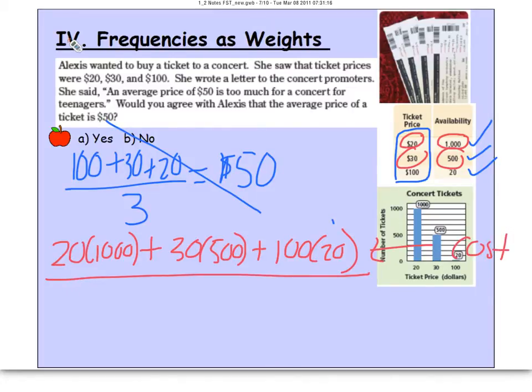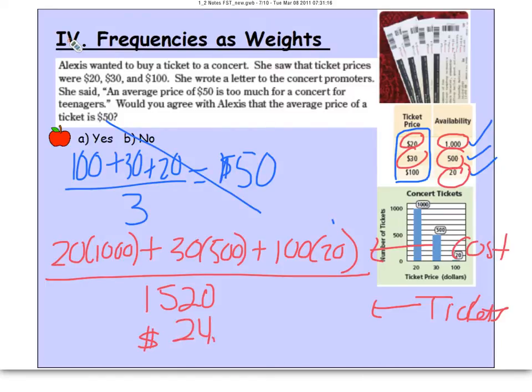So when I say per, that means a divide, by the way. And I need all the tickets here. Well, how many tickets were there? If you tally this up, there's going to be 1,520 tickets. So if you do this calculation, what you're going to end up getting is the average price per ticket is going to be $24.34. So she was way off on her calculation.